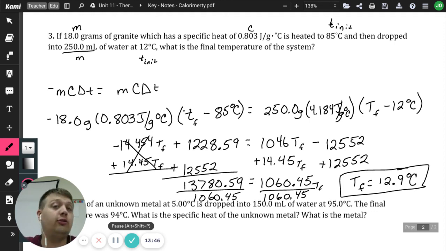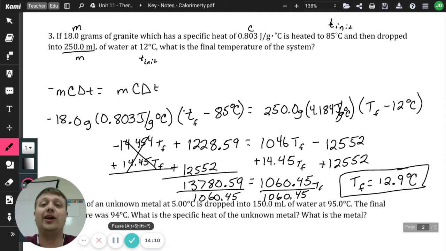Well, there are two big factors working here, right? The first one is granite has a lower specific heat than water. Water specific heat is 4.184 and granite specific heat is 0.803. And so water has a little more than 4 times the specific heat.